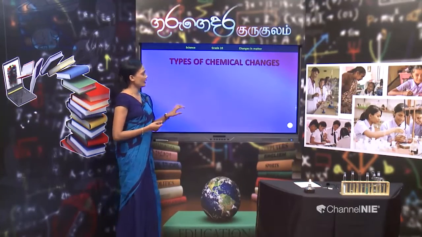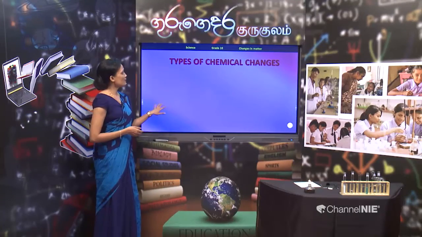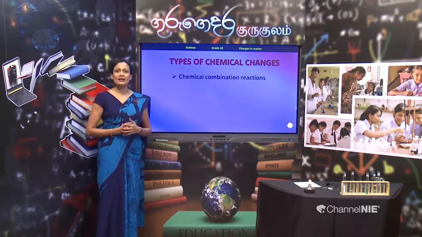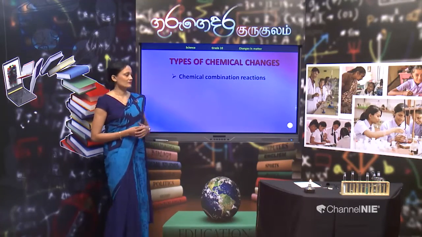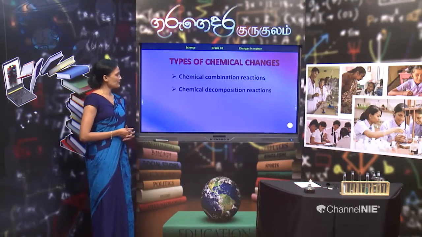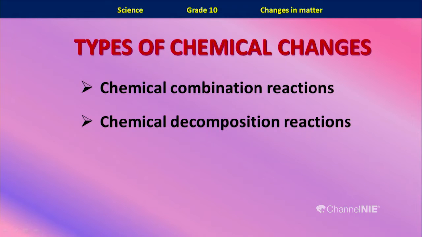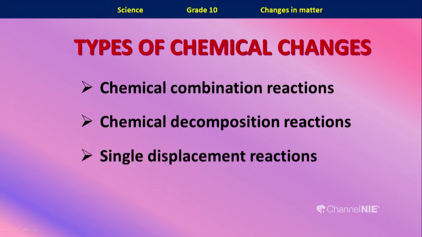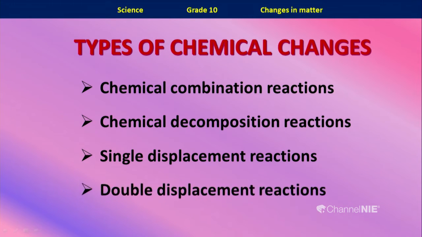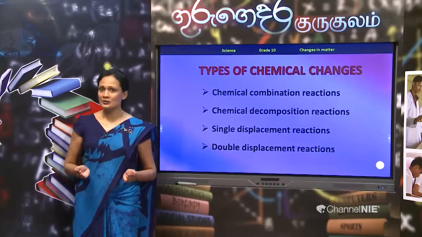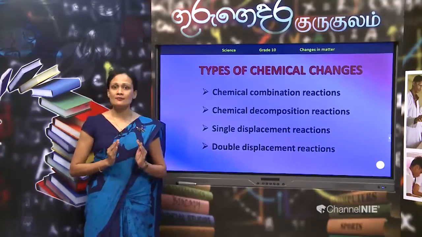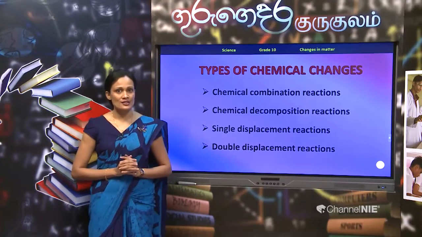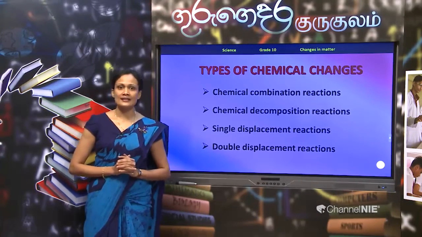Mainly, we divide the chemical changes into four groups: chemical combination reactions; the second type, chemical decomposition reactions; single displacement reactions and double displacement reactions. Okay children, now I am going to discuss these four types of chemical reactions one by one. Okay, let's start.